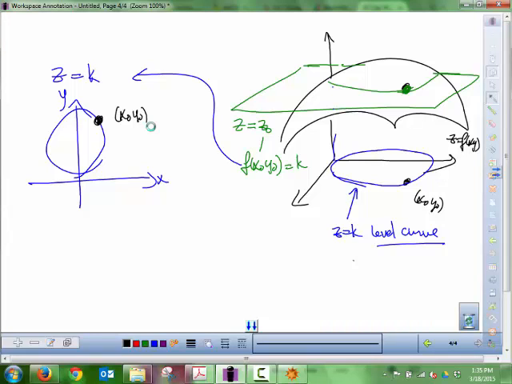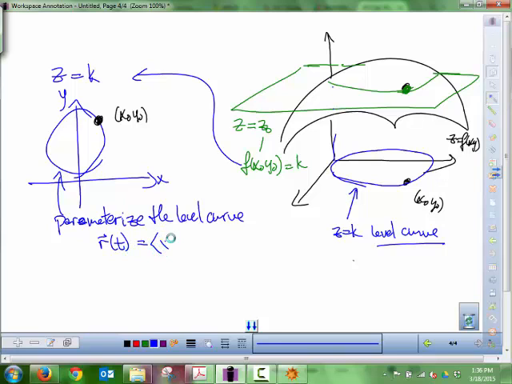Now this is a level curve, right? Let's parameterize this level curve using parametric equations. r of t is equal to something with an x of t, y of t.